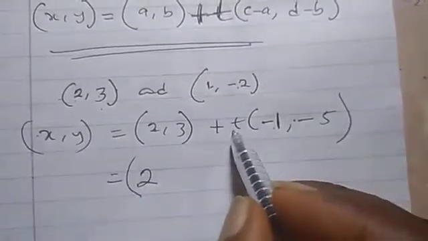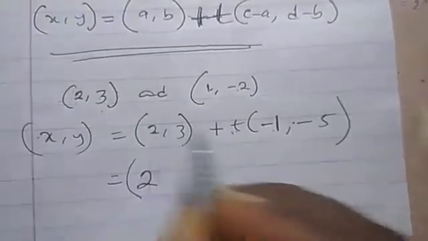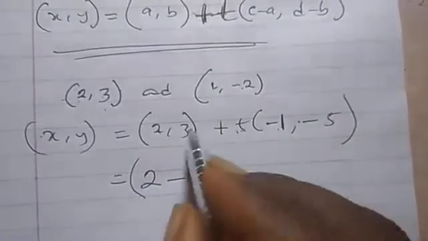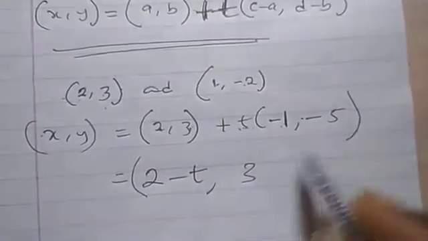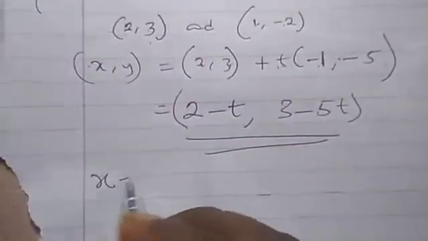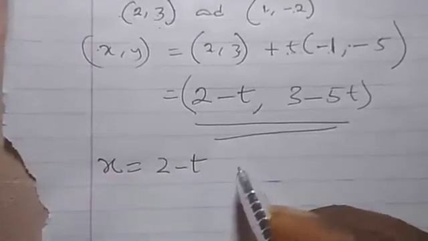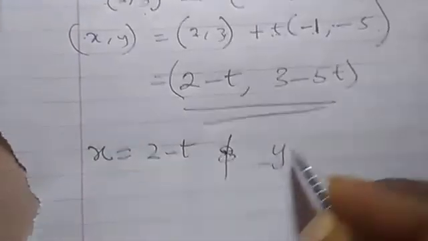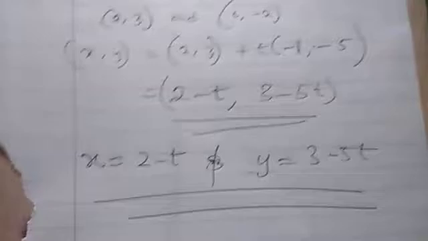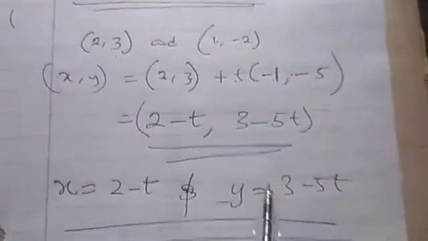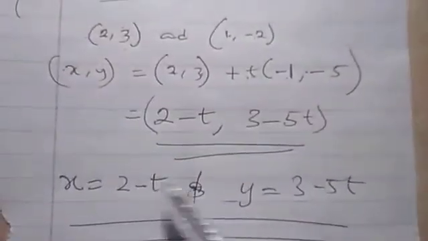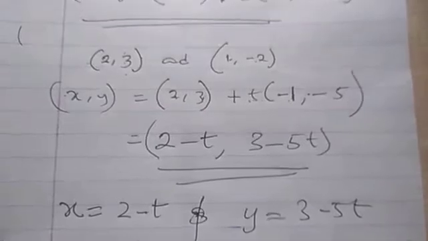If you expand for the first one alone, 2 plus t times minus 1, that is minus t, and the second one, 3 plus t times minus 5, that is minus 5t. So from that place, we can get our answer to be x is equal to 2 minus t, and y is equal to 3 minus 5t. So this is the equation of a line. So we have used this method to parameterize this equation. That is, we express x and y in terms of t.